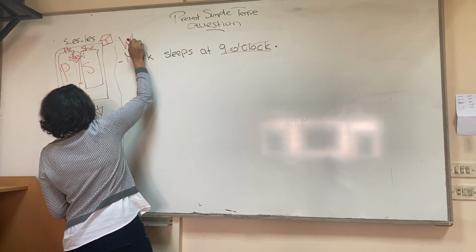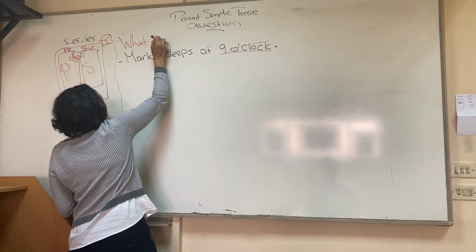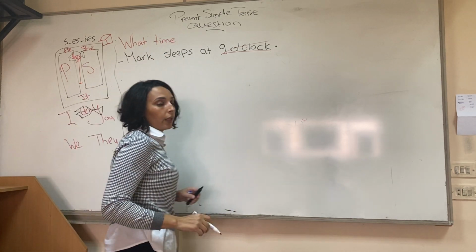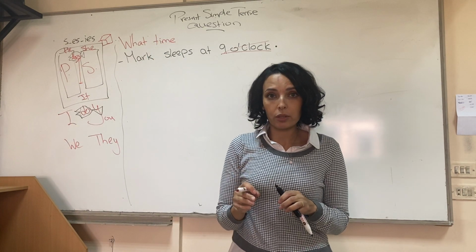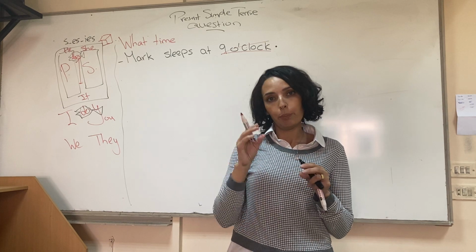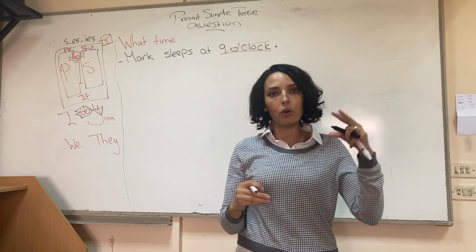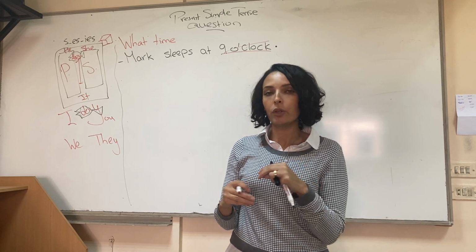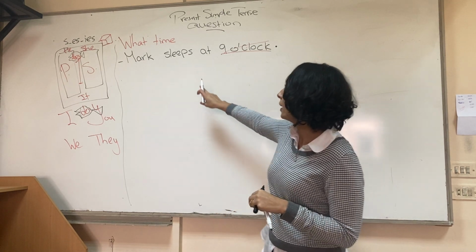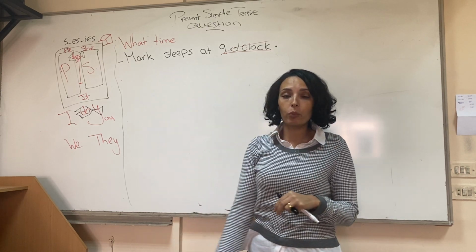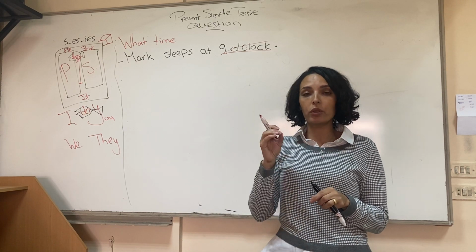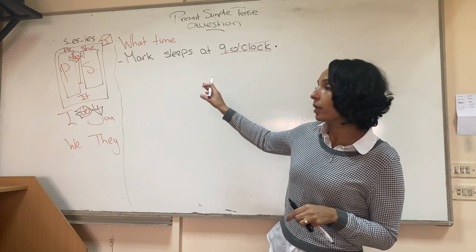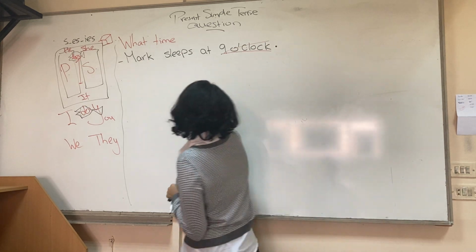What time? And after the question word, you will put the do fish or the does fish. Again, you will look at the verb. Here I'm having sleeps. I'm having one of my presents, so I will use the does fish. So what time does.